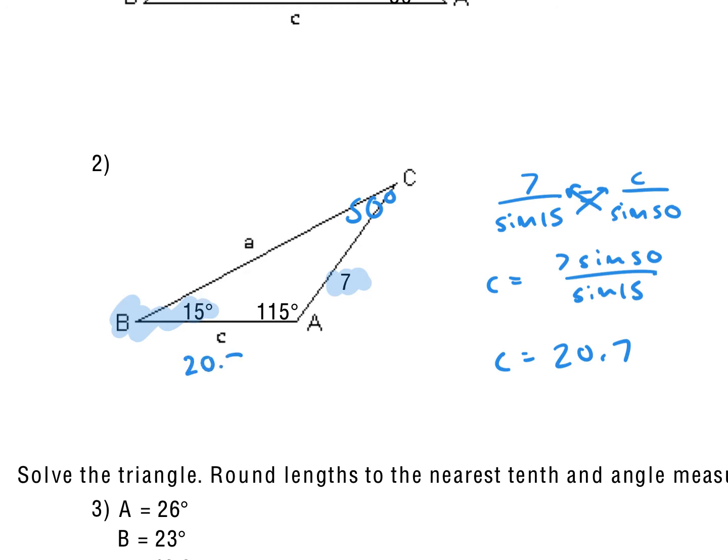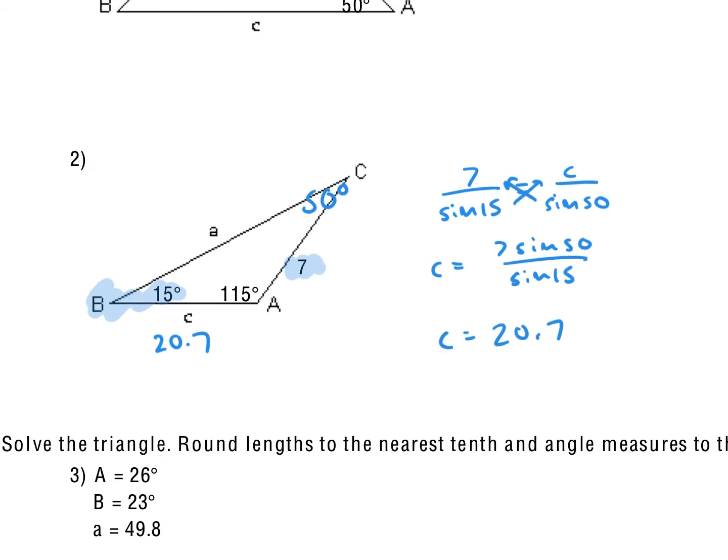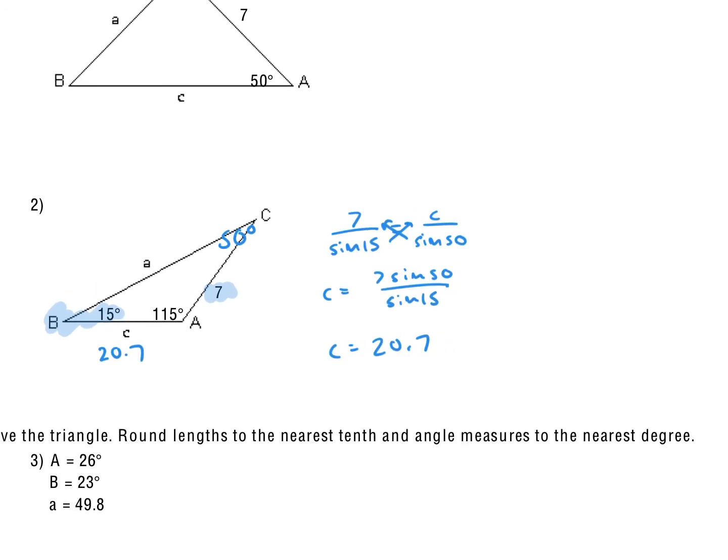So 20.7, and then last thing we need to find is A. So how can I find A? Same way we found C. So I'm going to use the proportion that has the 2 given. So B over angle B, so 7 over sine of 15, and that's going to be equal to A over sine of 115.